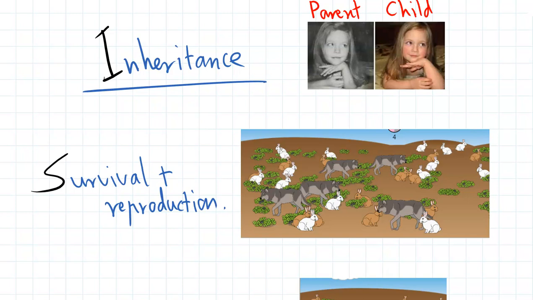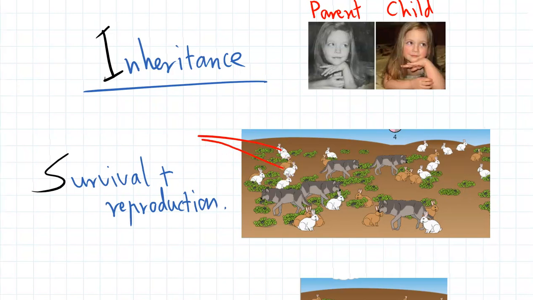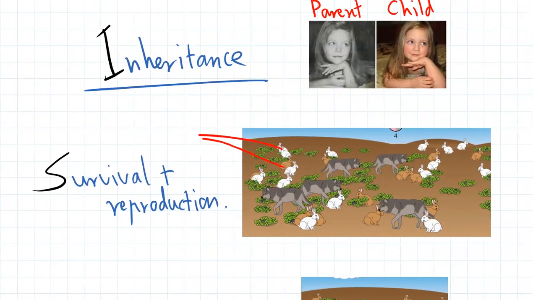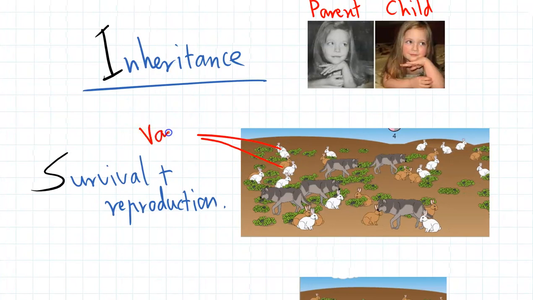So here we've got a population of rabbits living in a dry looking grassland here, where most of the landscape's brown coloured. And we can see there's variation in the rabbit's fur colour, because we've got some brown fur rabbits and some white fur ones. So there's variation.